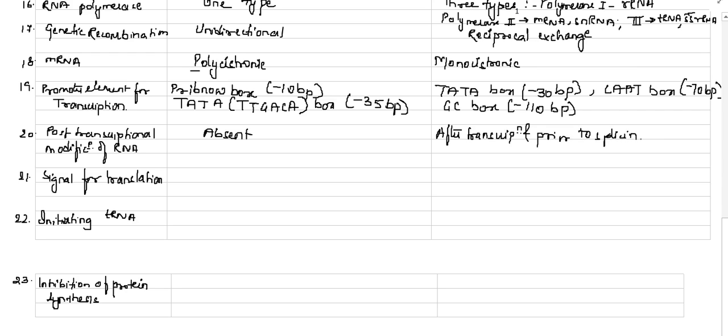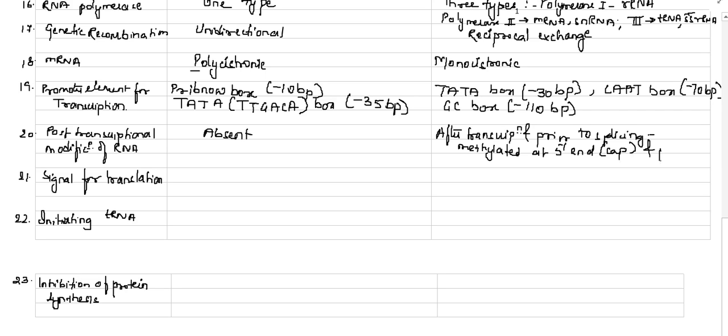What happens is that these RNA transcripts which are synthesized are methylated at the 5' end, which is known as capping. Okay, and they are polyadenylated.